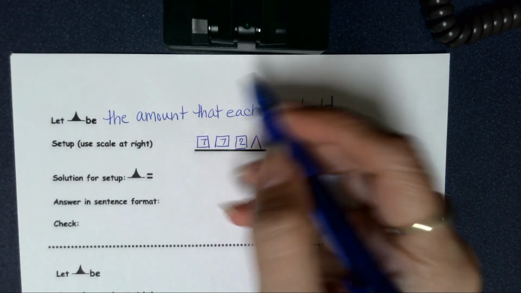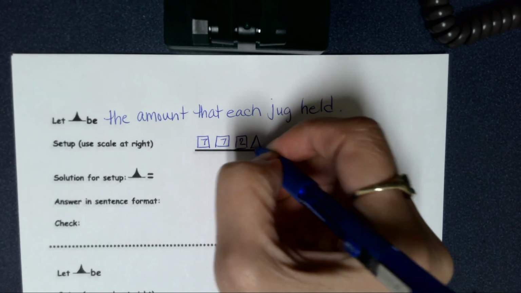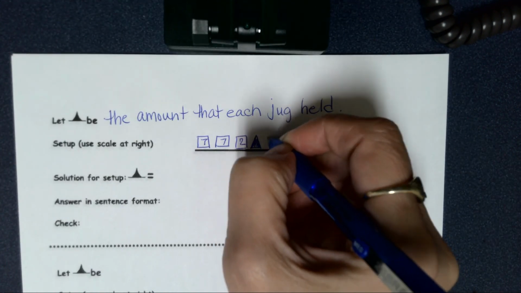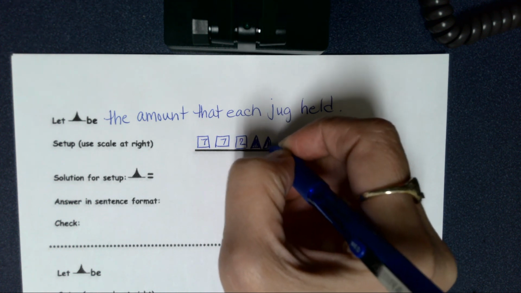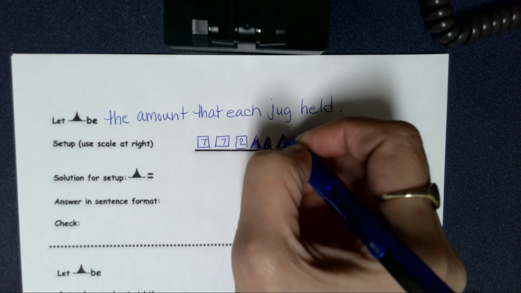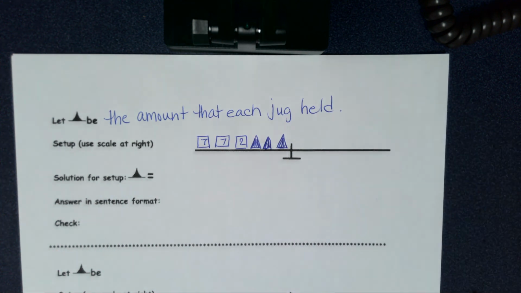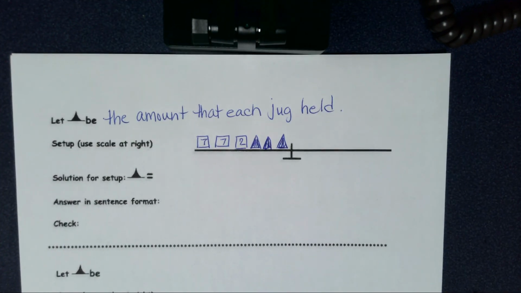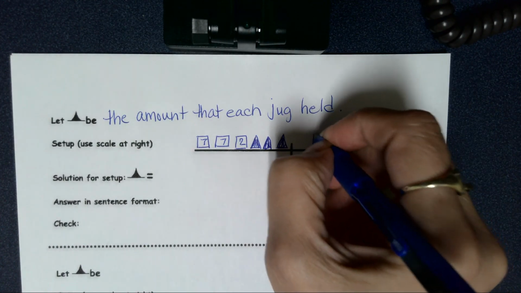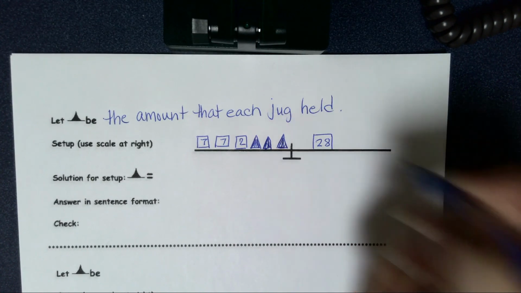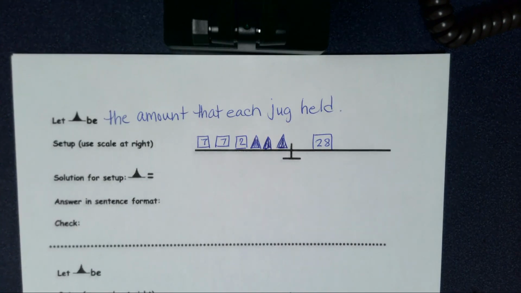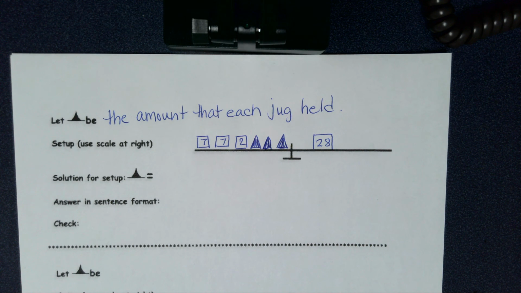So those, we said the amount that each jug held, those are going to be our pawns. And all the jugs together held 28 gallons. How much did each of the 3 equal jugs hold?